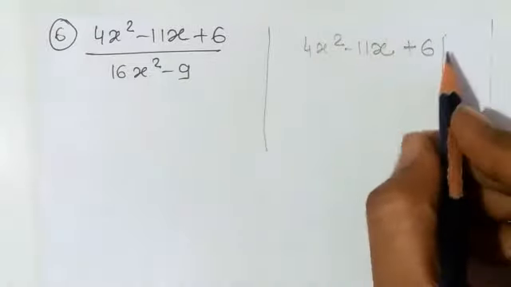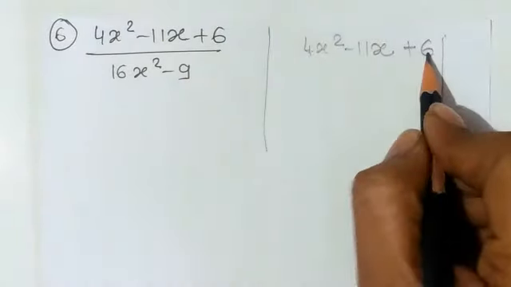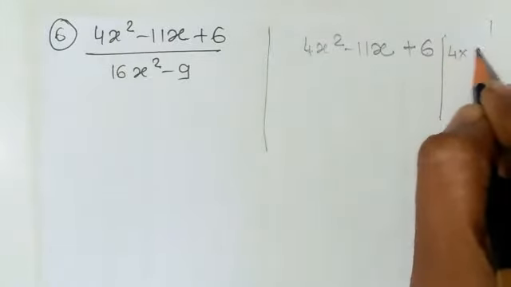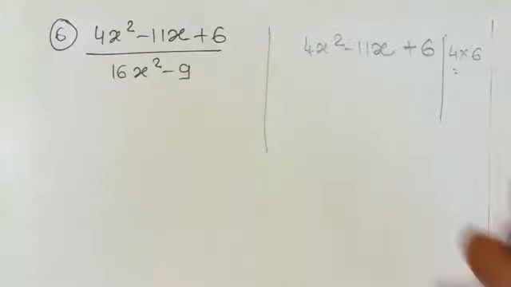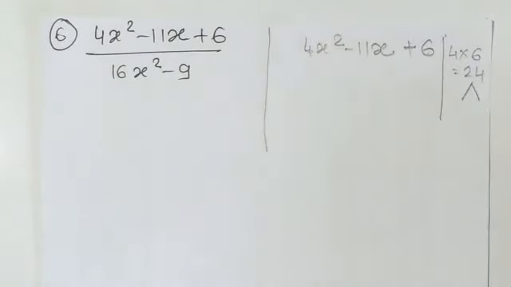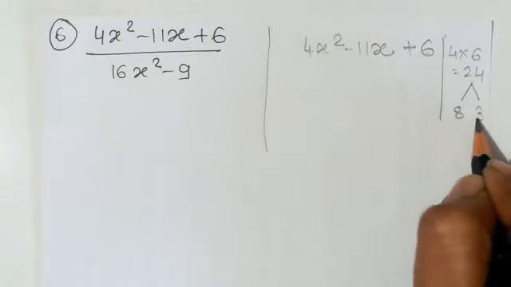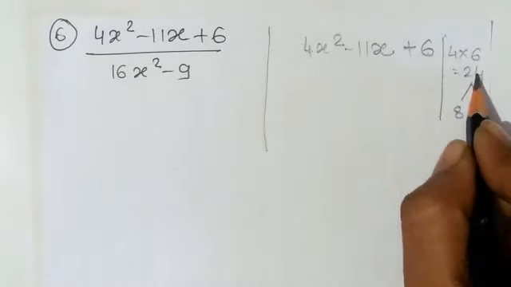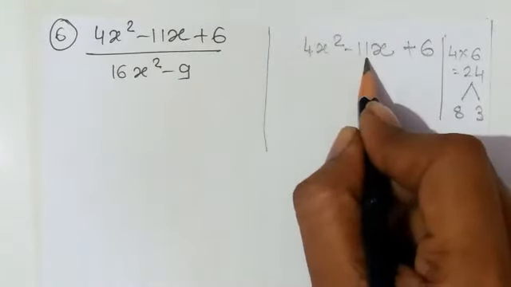As I have explained earlier, take the first term's coefficient and the last term and multiply them, 4 into 6. The answer will be 24. So for this 24, we have to find the factors of 24, that is 8 threes are 24, and the addition of these two numbers will be 11.